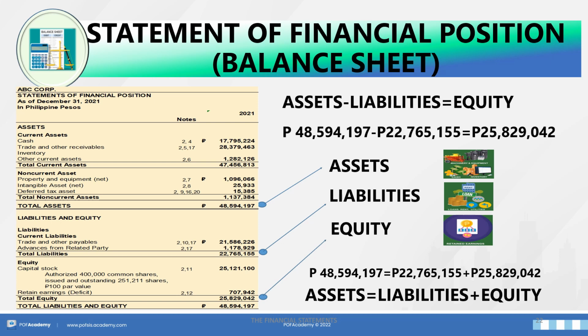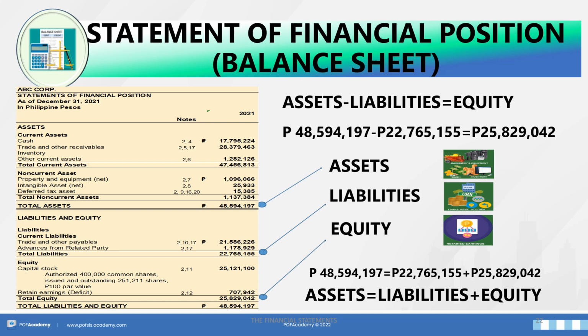So now, to further discuss the statement of financial position and its components, we will discuss one by one the accounts or sample chart of accounts that are included in these reports. Based on our illustration here, we have asset accounts such as cash, trade and other receivables, other current assets, property and equipment, intangible asset, and deferred tax asset.